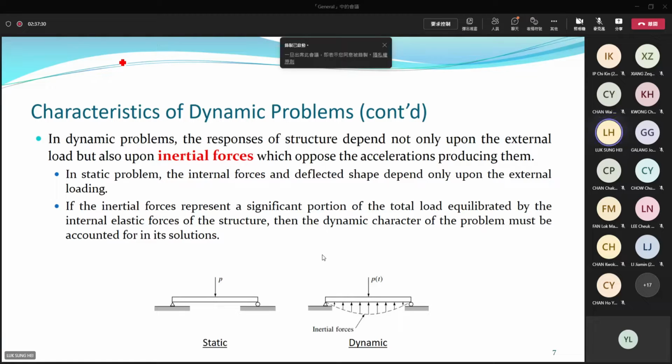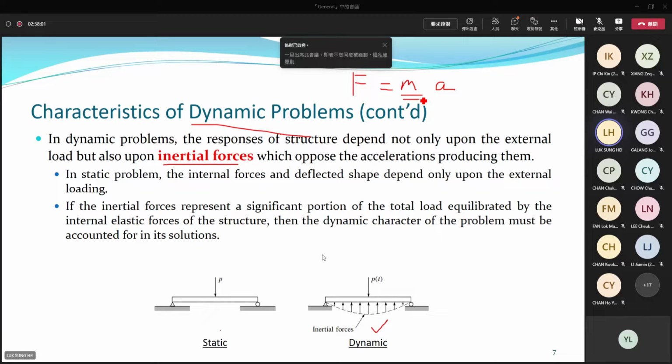The other important effect is that when you formulate dynamic equations in dynamic problems, you will start to see the mass involved in your formulations. When you talk about dynamic problems, you need to consider something called inertial force. One classical example we have already introduced: when you write down the equation F equal to ma, mass appears in the equation.